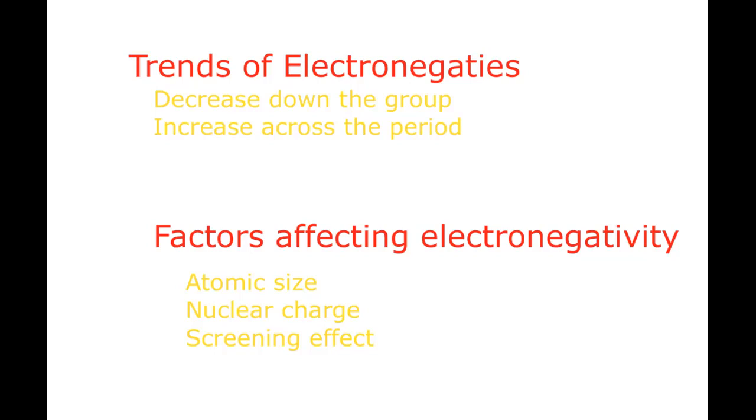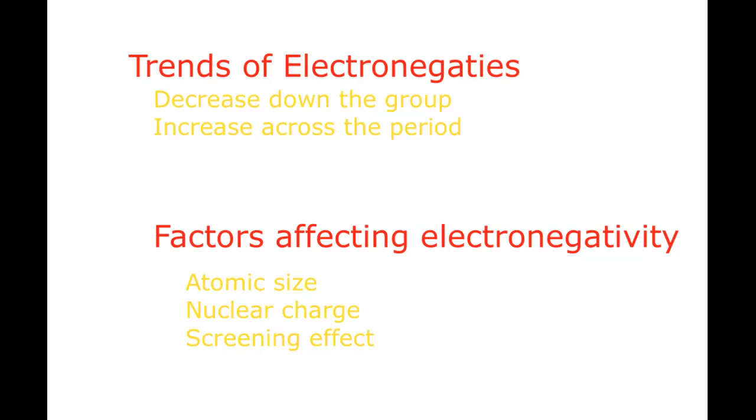Across the period, electronegativity values increase because across the period, nuclear charge increases. So nucleus to electron attraction is increasing. Again, the screening electrons are the same across the period, but nuclear charge is increasing.